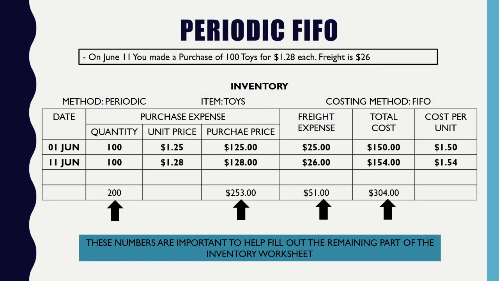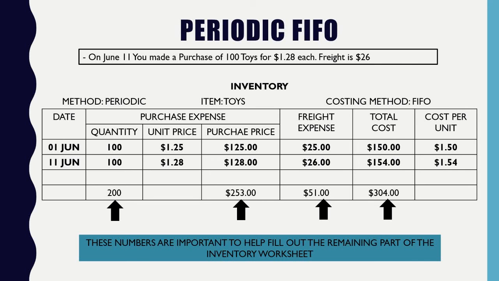Now we're putting it back into our table. The date was June 11. We purchased another 100 toys at $1.28. We included that in our purchase price, and then we added our freight, which gave us $154. Now we calculate the cost per item, and we're down to $1.54 for each item we sell.